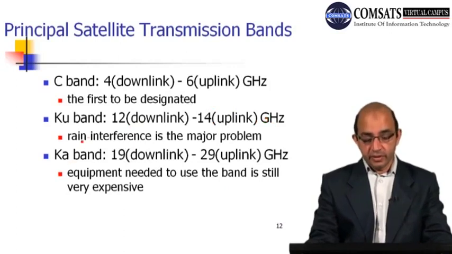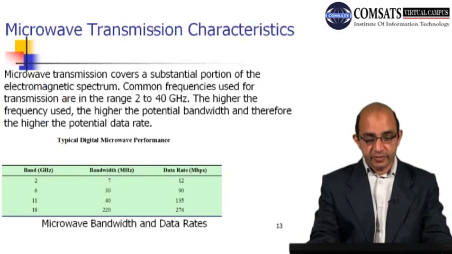As mentioned, there can be interference. Rain can be one of the reasons for interference. Then we have Ka band, 19 gigahertz for downlink and 29 gigahertz for uplink. So we need specific equipment in order to use those different bands for satellite transmission.